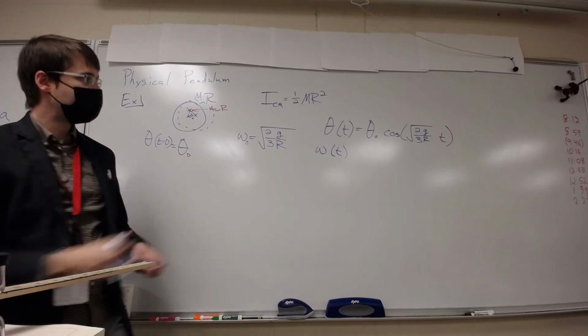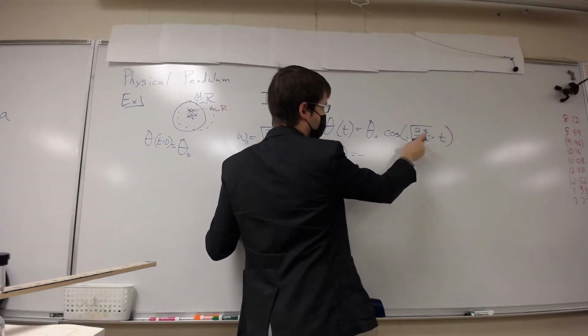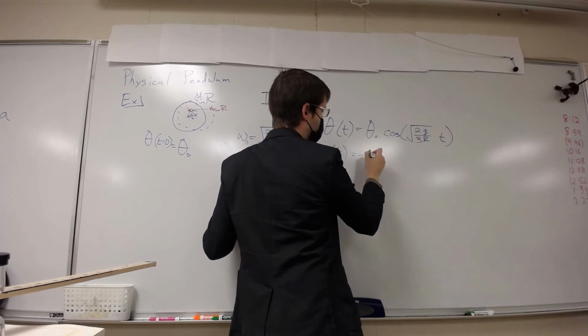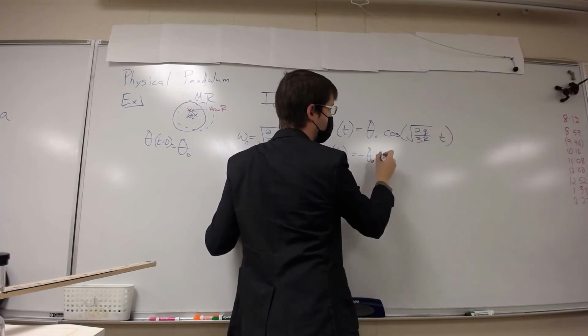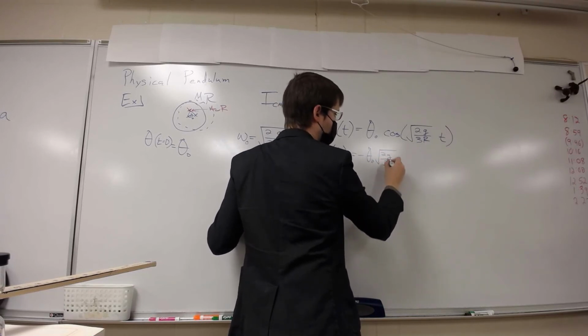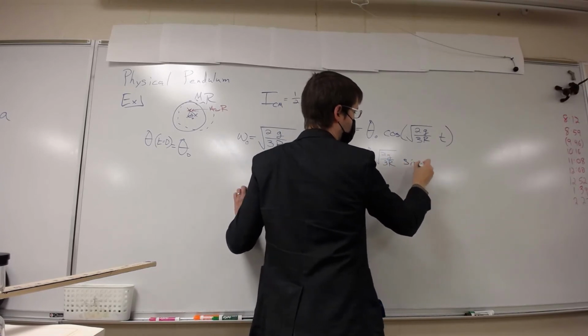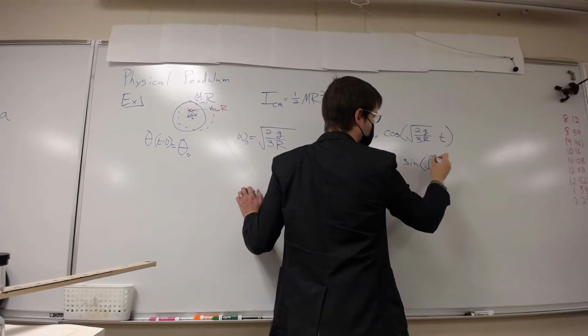So we take the derivative of this, we wind up with minus this omega times this theta naught times square root of 2g over r times sine of the same thing.